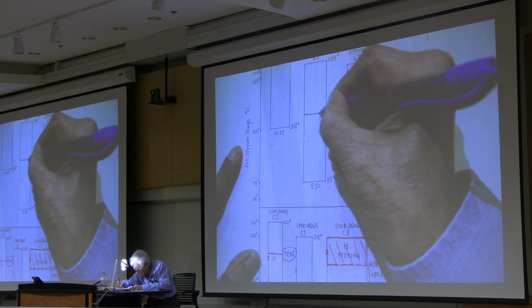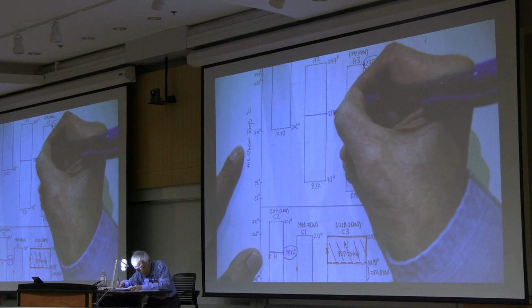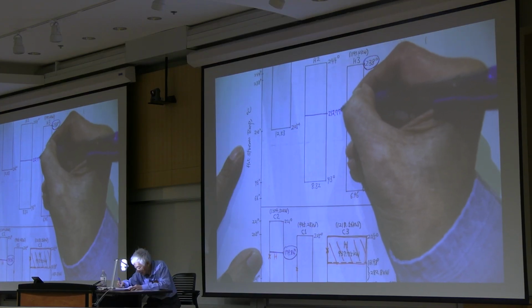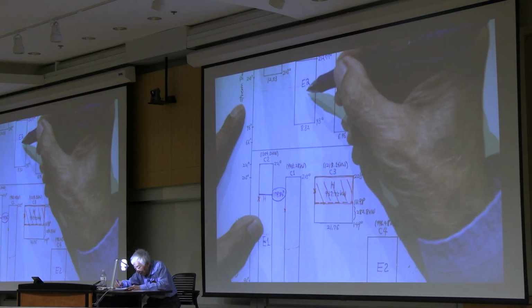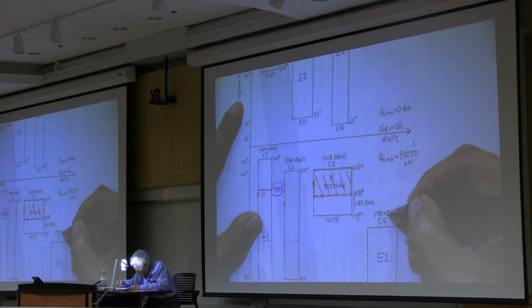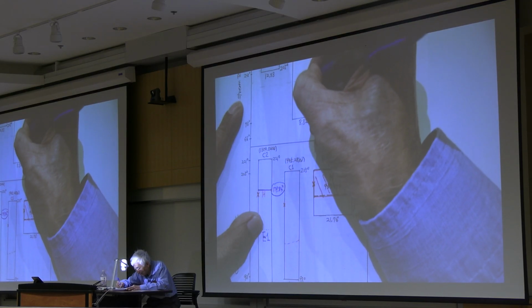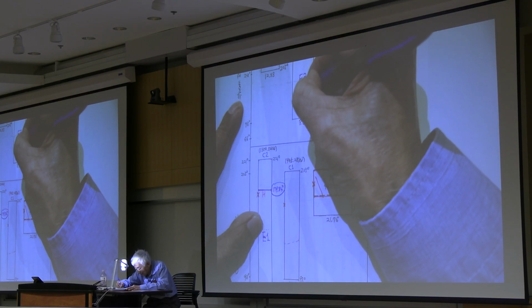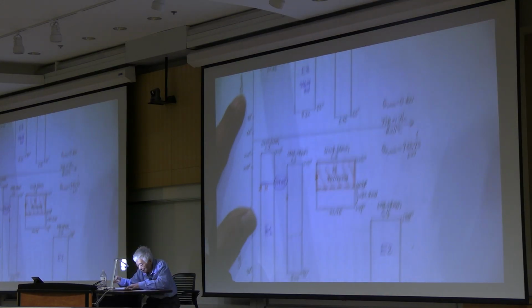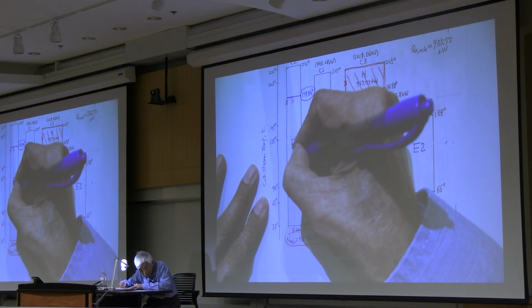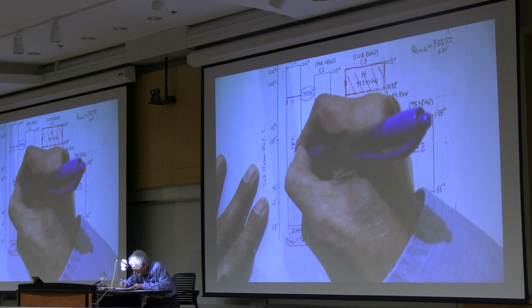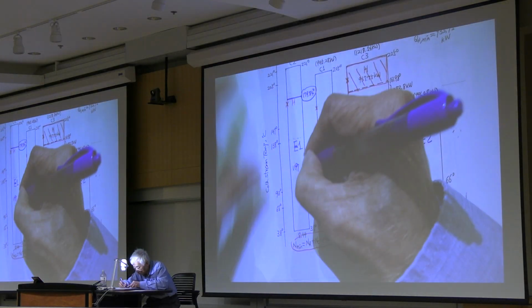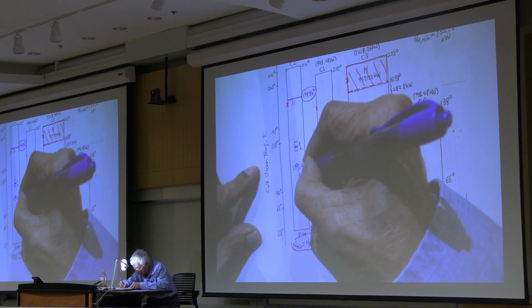212.77. This area is 996.48. This area is 1197.12 kilowatt.